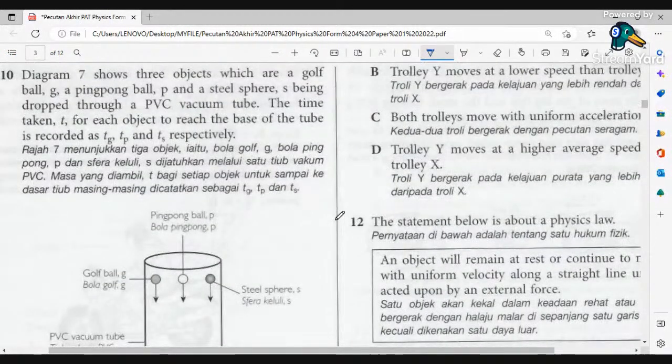Okay, number 10. Diagram shows 3 objects: golf ball, ping pong ball, steel sphere being dropped into PVC vacuum. The time taken to reach the base of the tube is recorded as TG, TP, and TS respectively.